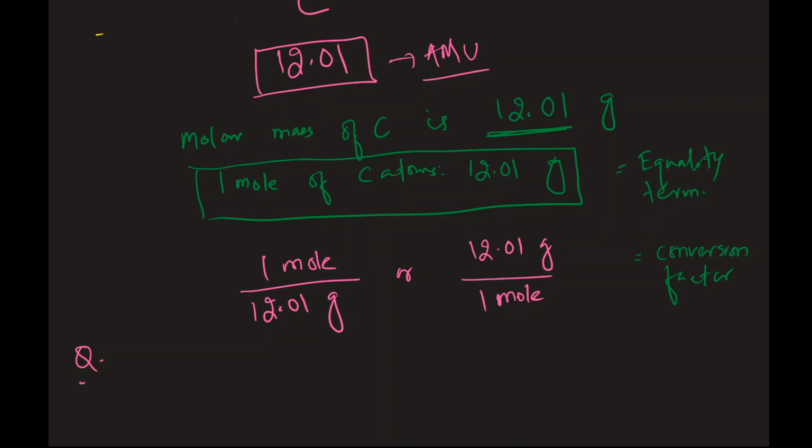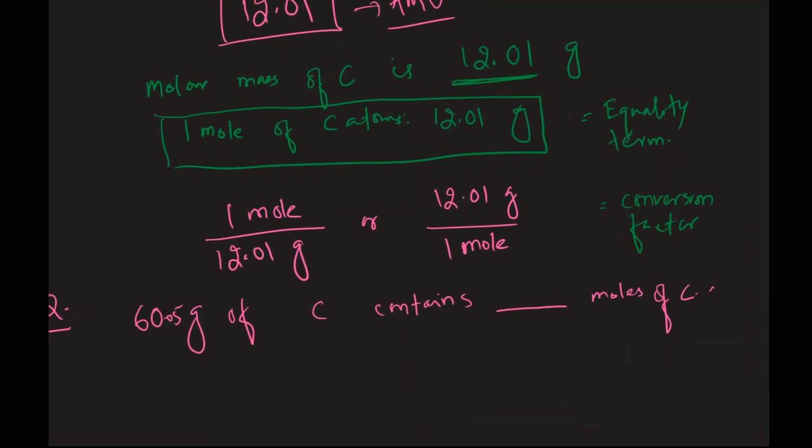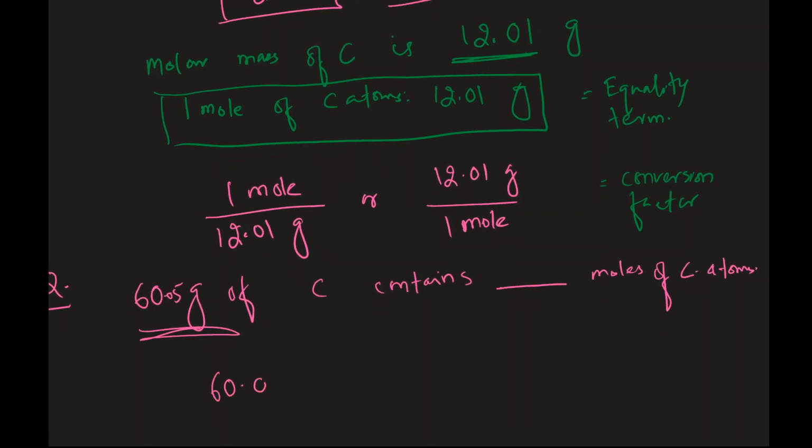So let me ask you a question. 60.05 grams of carbon contains blank moles of carbon atoms. I'm asking how many moles of carbon atoms are present in 60.05 grams. So that's given. Your given is 60.05 grams, and you want to find out how many moles are present.